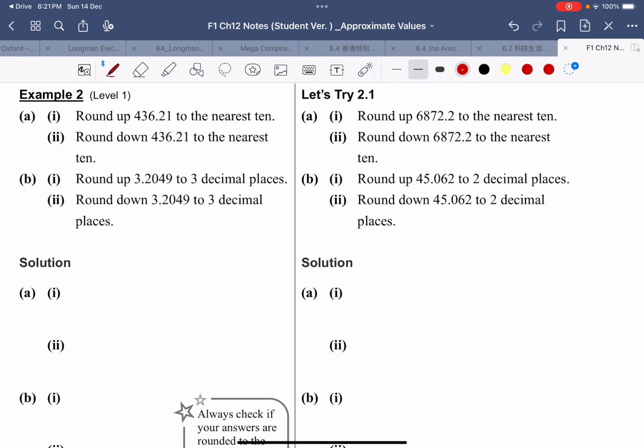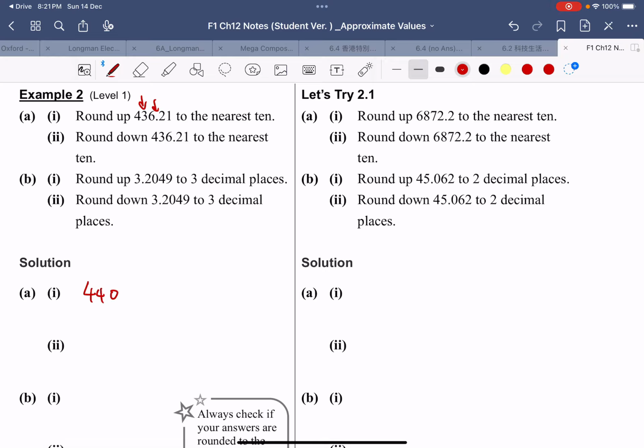Example 2. Sometimes we work with decimals. You have decimal points here. For this number, 436.5021, round up to the nearest 10. Nearest 10 means this place value, right? And then always go up.